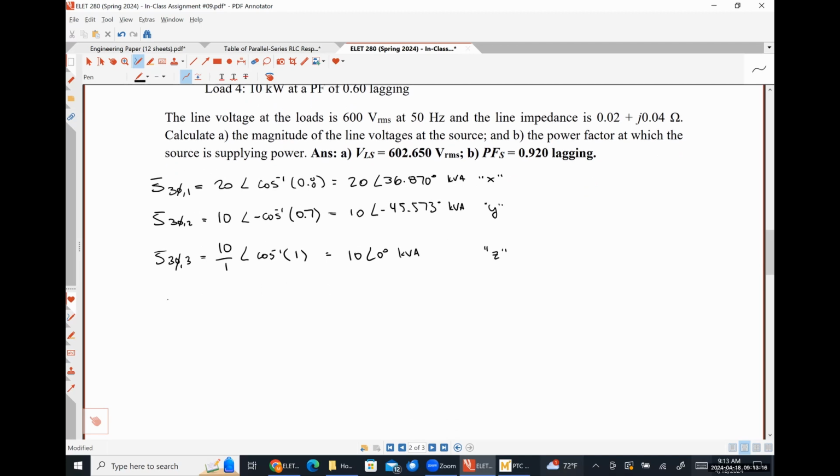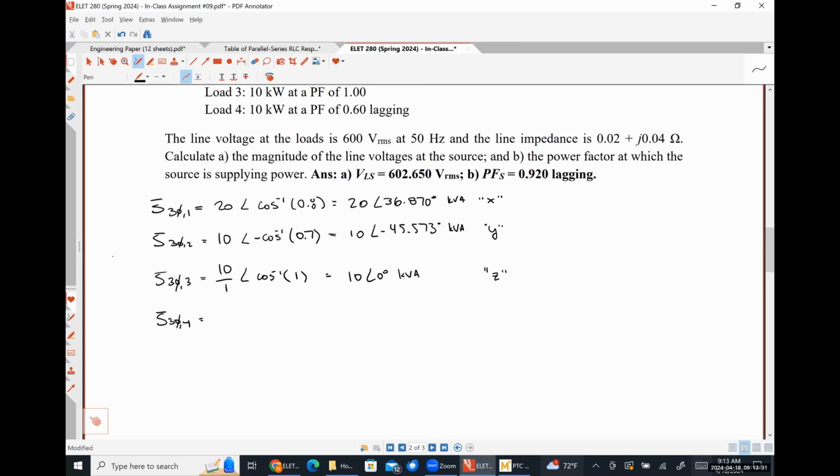Okay, and lastly, for load number 4, what are we doing there? Same thing we just did for load number 3. So 10 over 0.6 with an angle of inverse cosine 0.6. Do I need a negative sign in front of the inverse cosine?